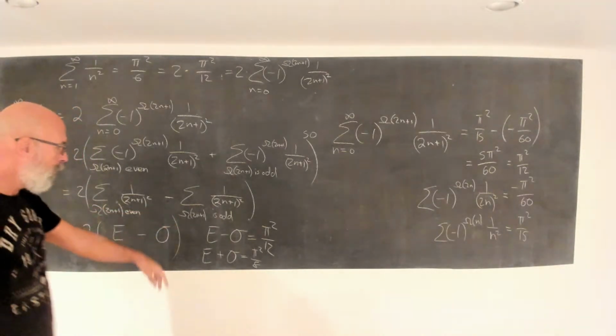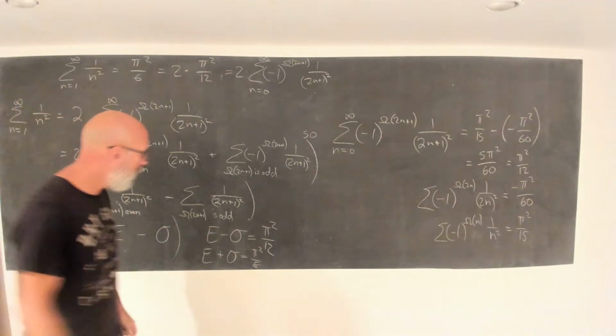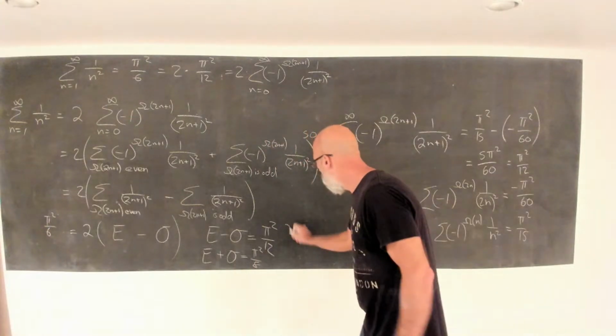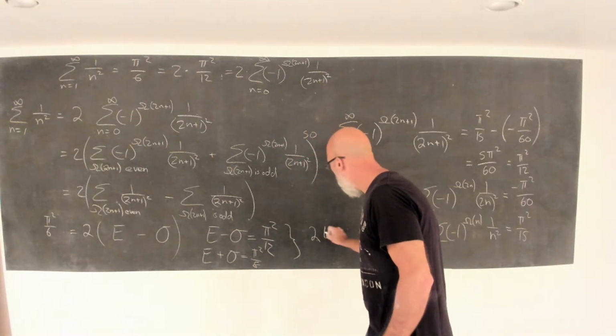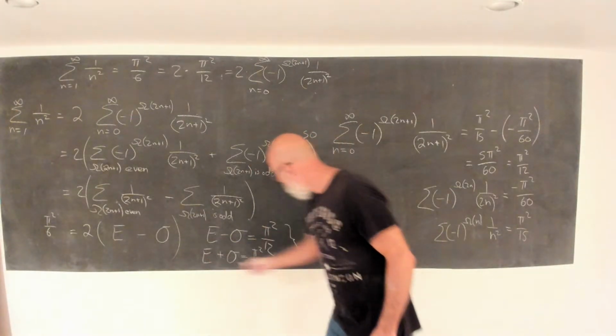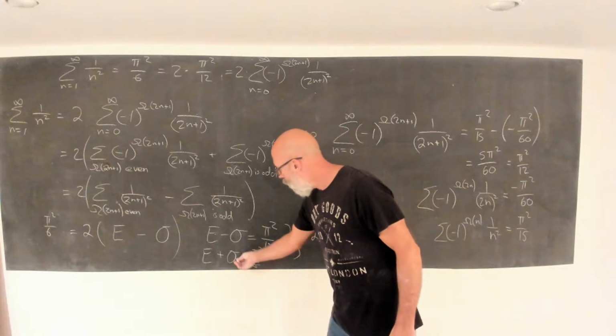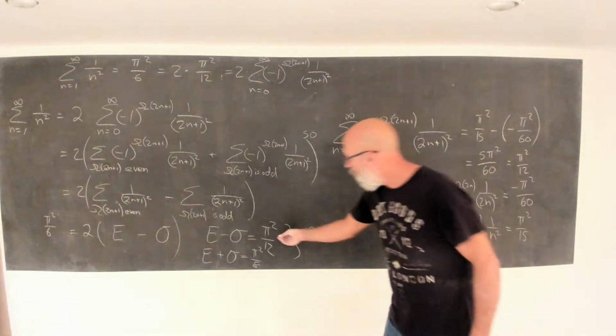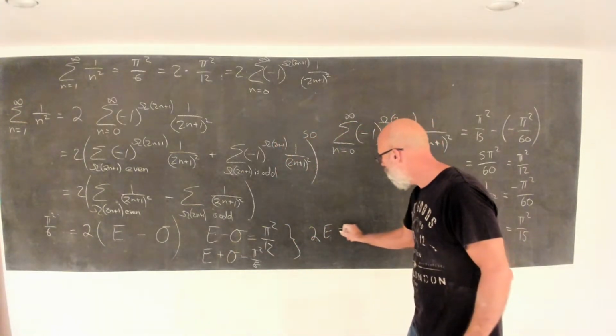I'll let you work those out. I mean, if you add the two, why don't we do it? If you add the two, E plus E is 2E, minus O plus O is 0, and this plus this.